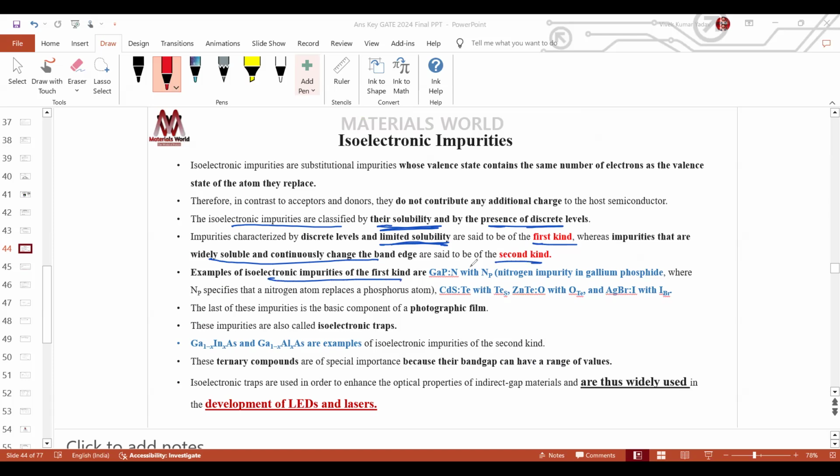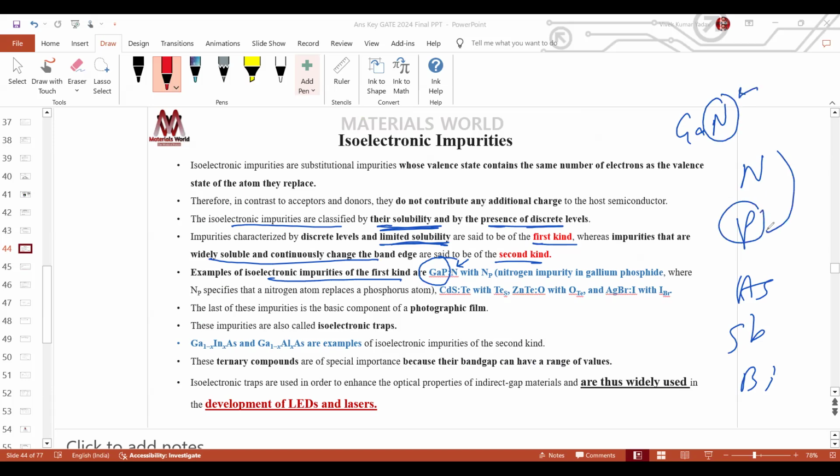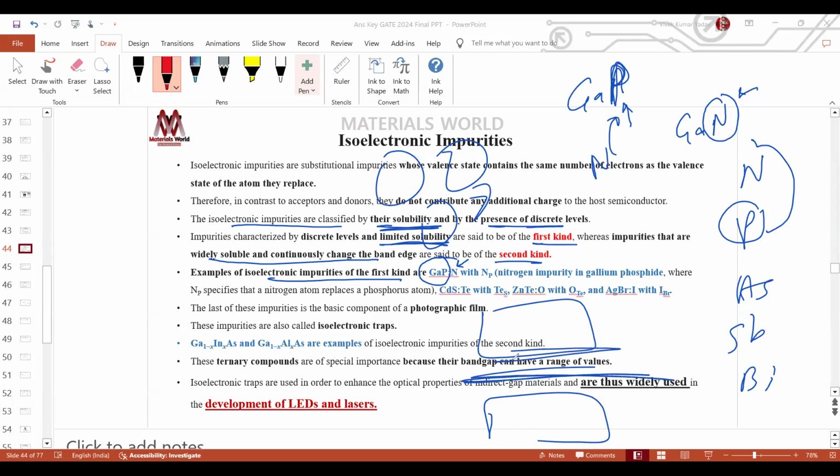An example of the first kind is gallium phosphide, where I am doping nitrogen to replace phosphorus. In gallium phosphide, I can remove the phosphorus in the host and replace it with nitrogen, and then that nitrogen will create extra energy levels near the edge of the valence band.